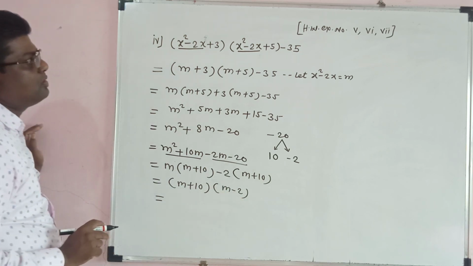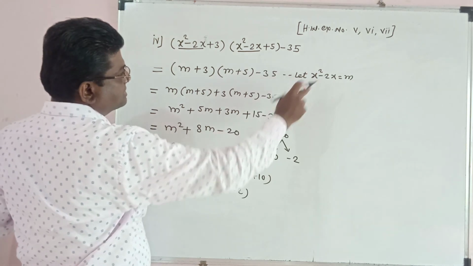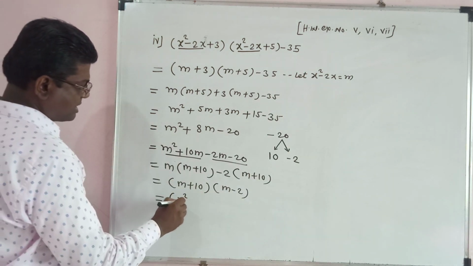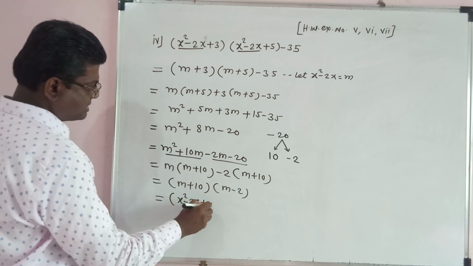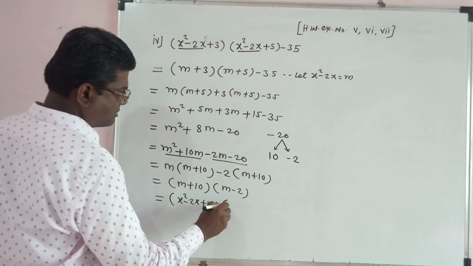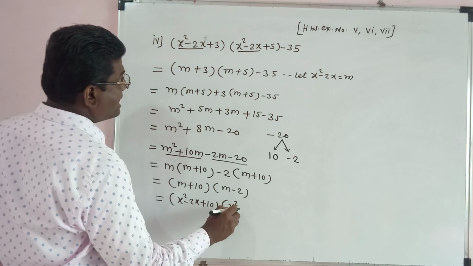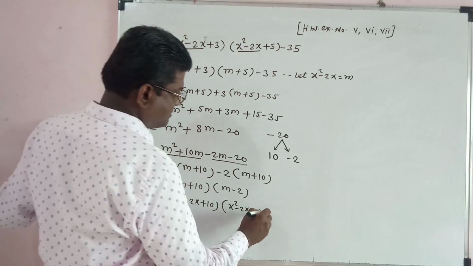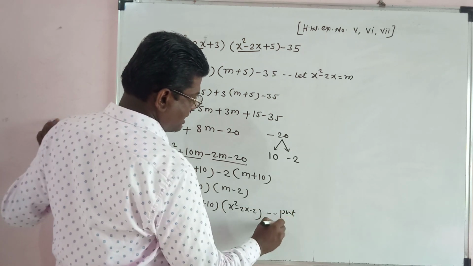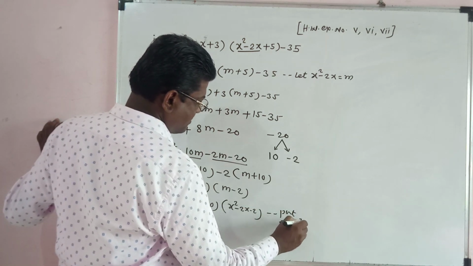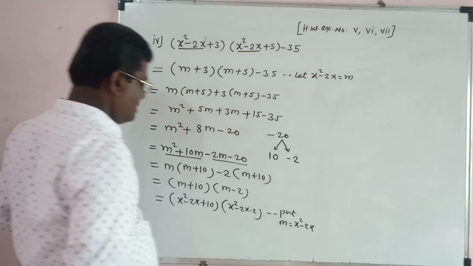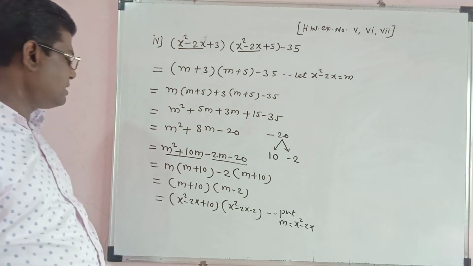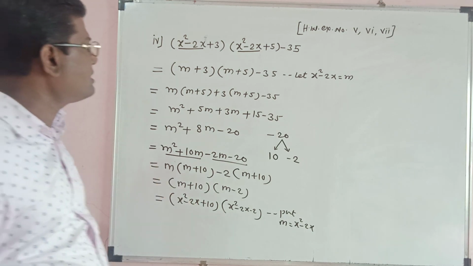Now put the value of m as x square minus 2x. So put m equal to x square minus 2x plus 10, and in another bracket also x square minus 2x minus 2. Now we cannot factorize this further, therefore this is our last answer.